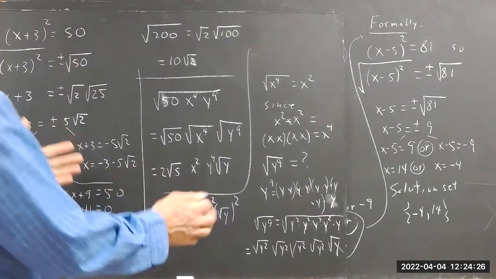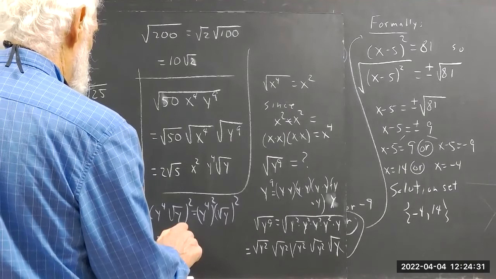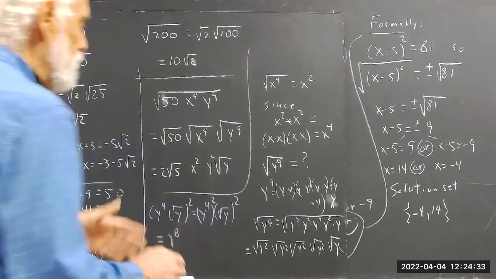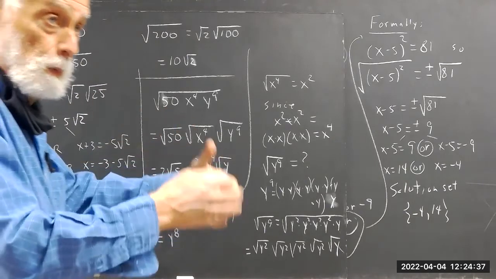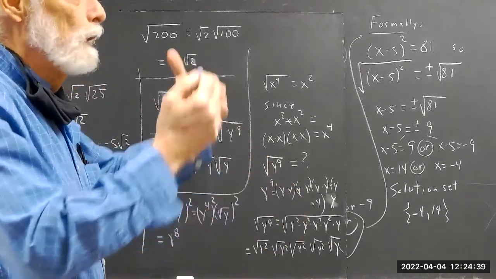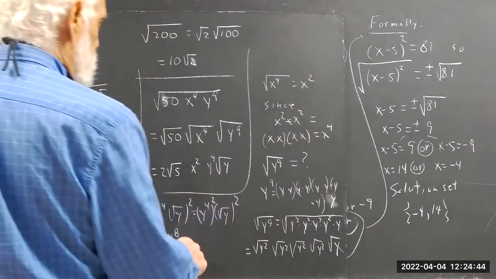Also, if we square this, the square of y to the 4th is y to the 8th, because what's y to the 4th? 4 y's, right? Y times y times y times y. And if you write another one, you got 8 of them. Okay, and if you square the square root.